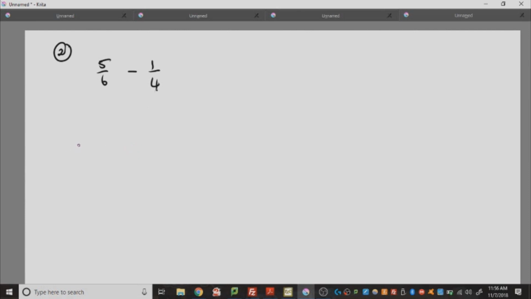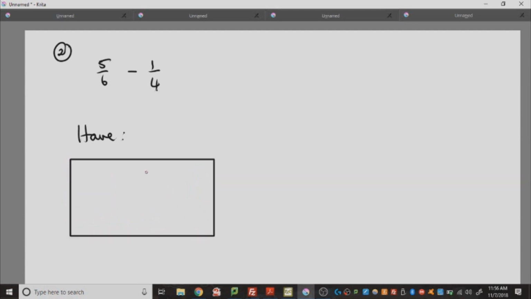But I'm visualizing, and it might be nice to say here, this is what I have. A loaf of bread split up into 6 slices, somewhat equal.